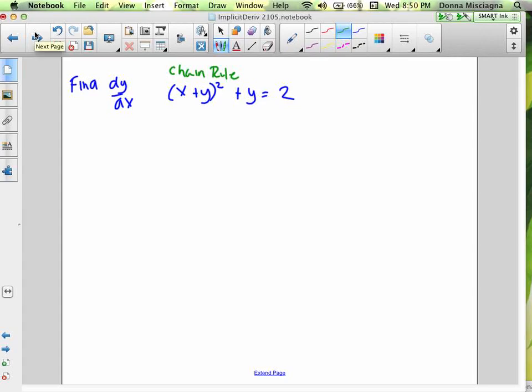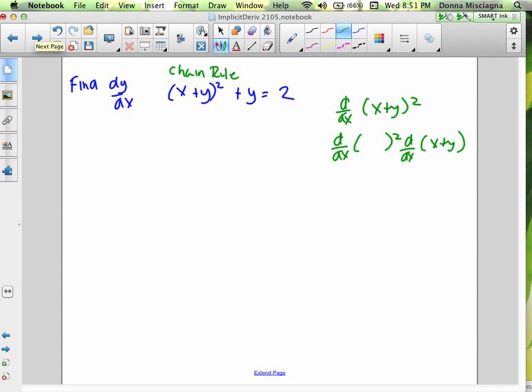All right. So if we want to take the derivative of that x plus y squared, right? So that we're taking the derivative of blob squared, right? So we would have the derivative of the blob squared. Right? And then we need the derivative of the blob. So then we'd have to take the derivative of the x plus y part.